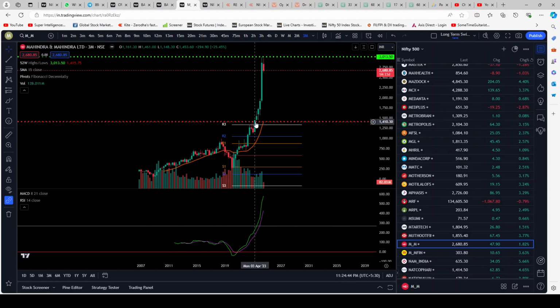The stock price is that time about 1400 rupees. From there it straight shoots up to 3000 rupees, doubles in little over a year. It doubles. This is again one of those fine examples of what happens when this crosses the 50% mark and it crosses the R3 on the Fibonacci pivots.